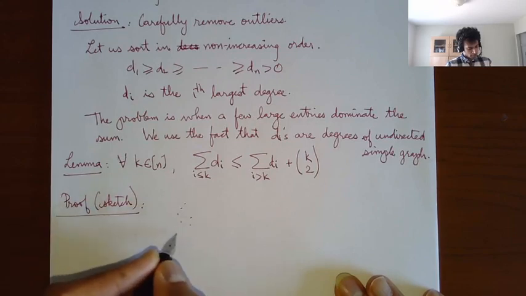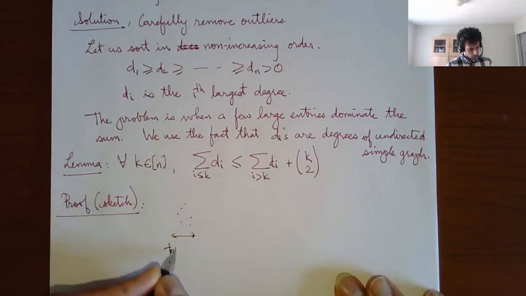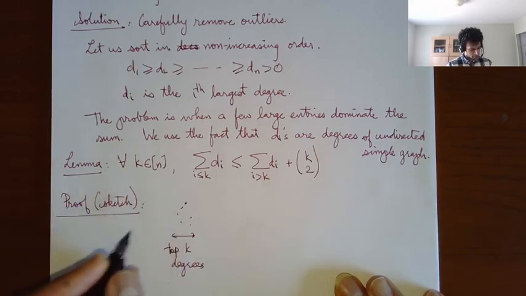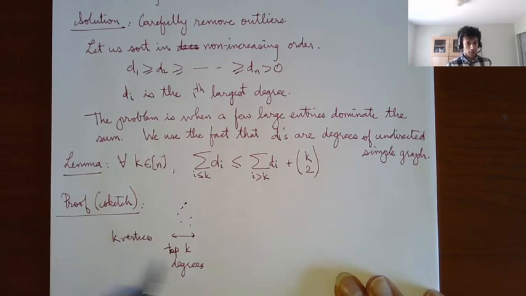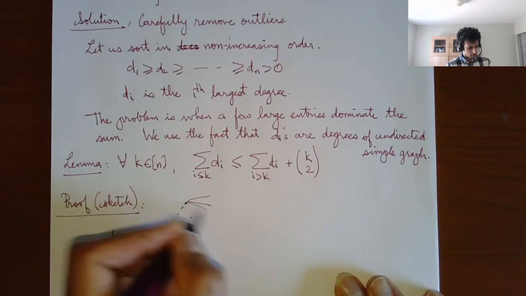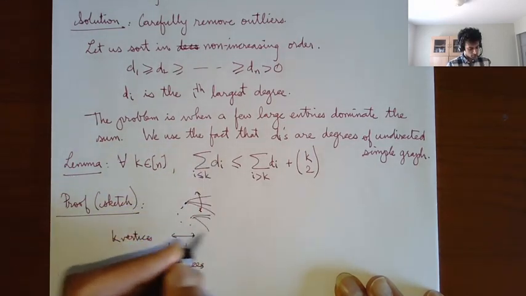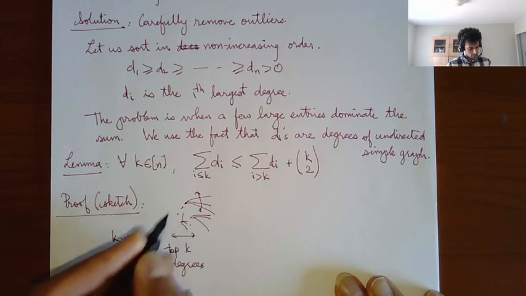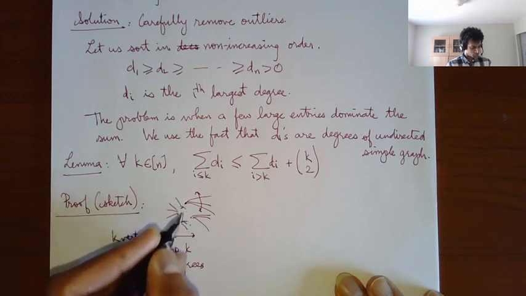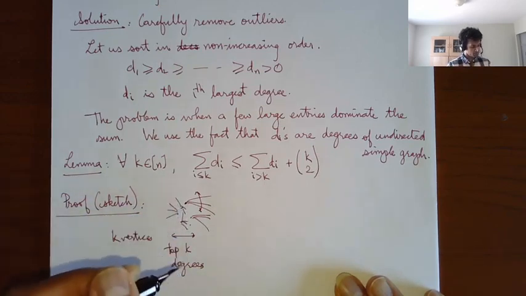So let's look at the top k degrees. How many vertices are here? There are k vertices here. Each of these has this many edges going out of the vertex.